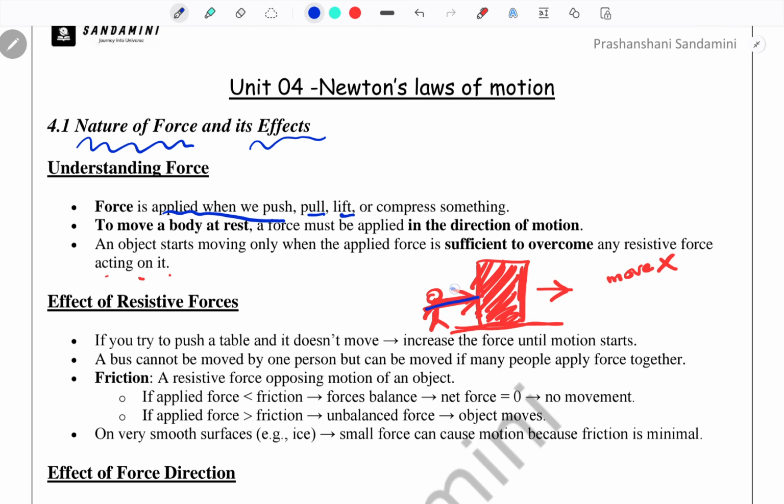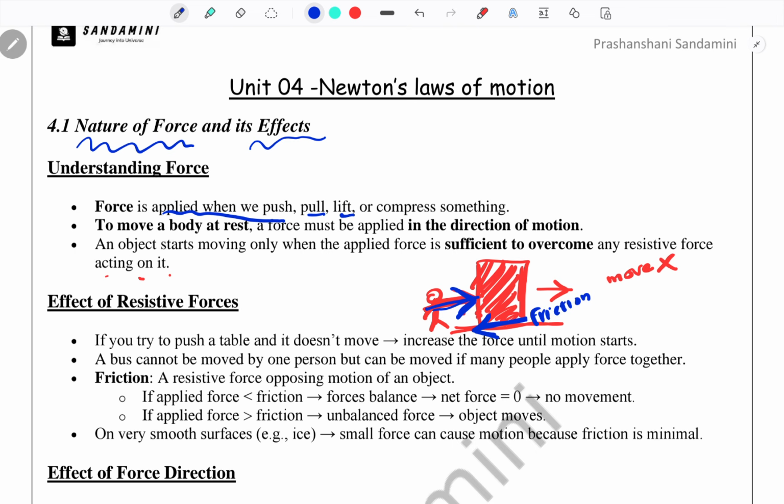Now think you are moving this object on the floor. There is a resistive force given by the floor toward the opposite direction to the one you are trying to move. So the object stays in the same place, because the resistive force is acting opposite to your push. Later in these lessons we will find a word, friction.